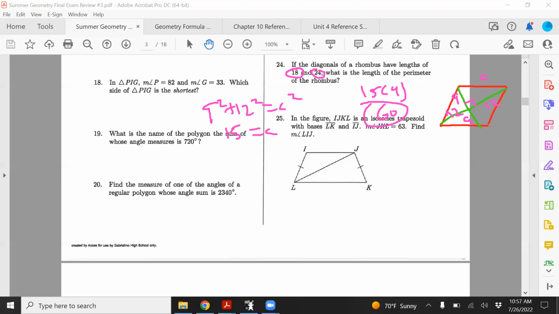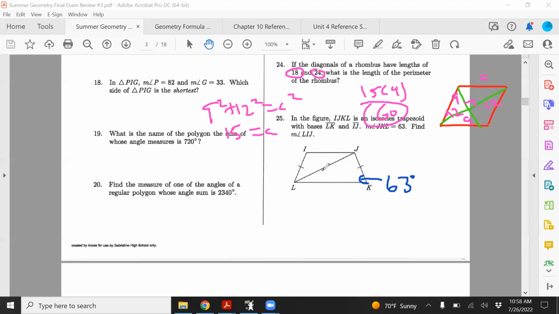Ooh, what's going on here? Angle JKL is 63 degrees. And it's an isosceles trapezoid. Give me one sec here, hold on. Oh, okay.